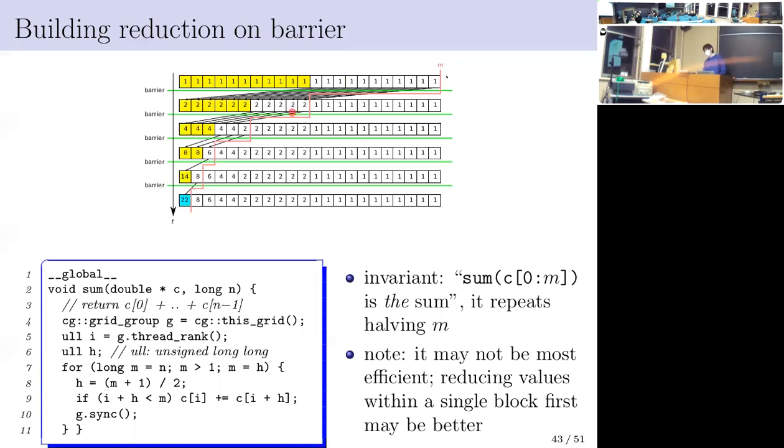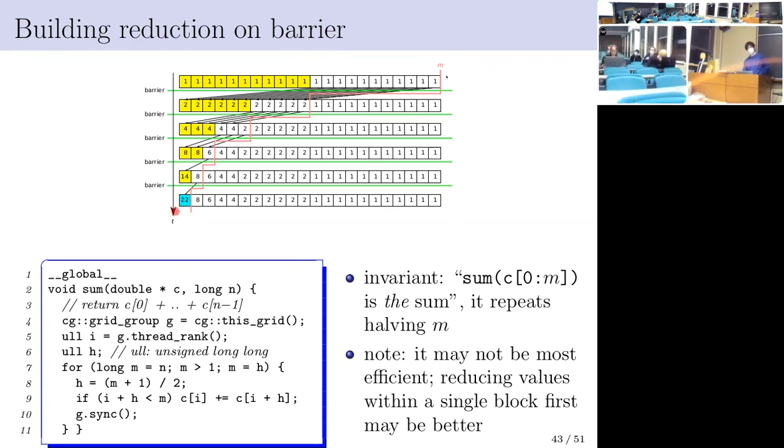The purpose of this barrier here is to make sure that before any thread goes ahead, all threads complete this 1 + 1 = 2 calculation. So this is the reason why you need a barrier here. So you just keep doing this until you get the total of the elements.